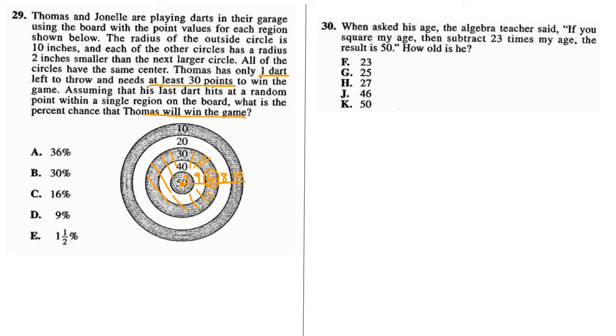So 6, the area of that is going to be, and remember the area is pi r squared. So the area of where our points to win, either 30, 40, or 50, at least 30, that area is going to be 36 pi. Now, we're looking for the percent chance. So percent chance is going to be 36 out of the total amount. Well, what is the total area?